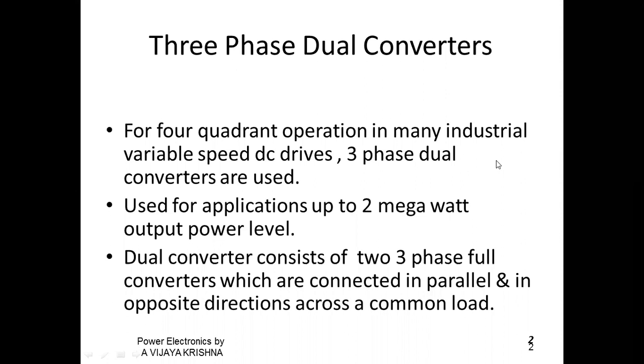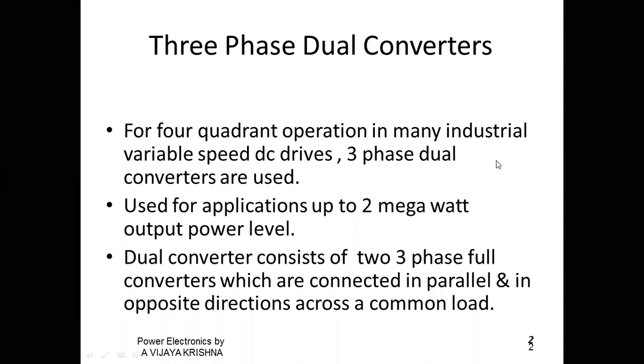If the motor is rotating in a forward direction, the load also is required to operate in a reverse direction. That is, a motor can be rotated in a clockwise direction and also in the counterclockwise direction.